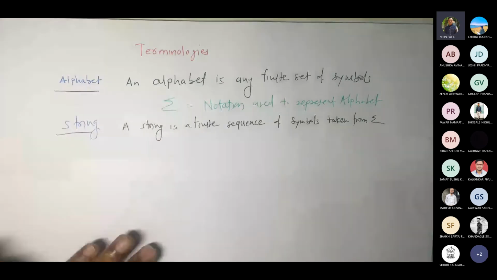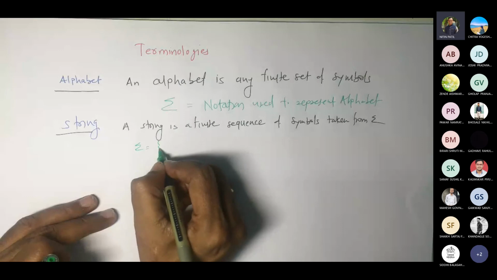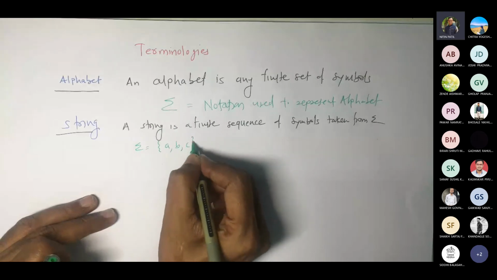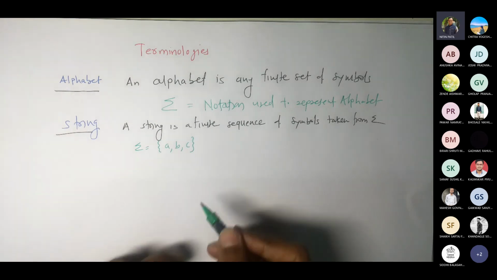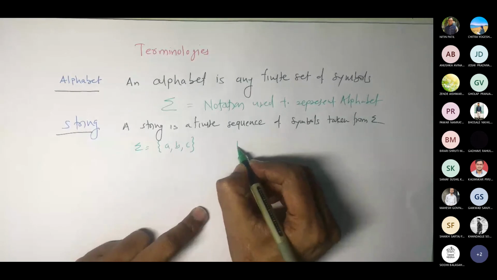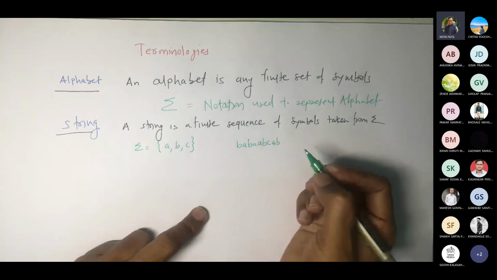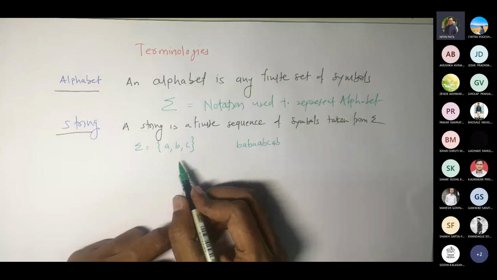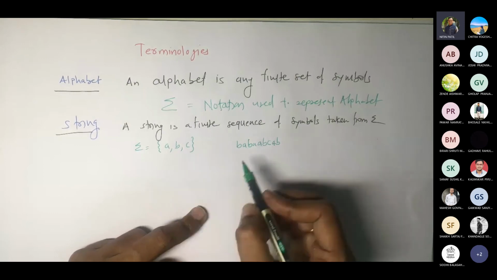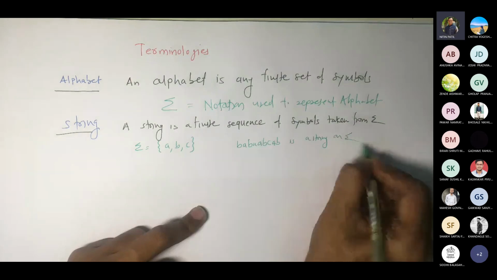For example, if sigma contains A, B and C, then I can come up with strings like BA, AB, CAB. I took these characters and repeated some occurrences of them, and came up with this. So this is a string on sigma.